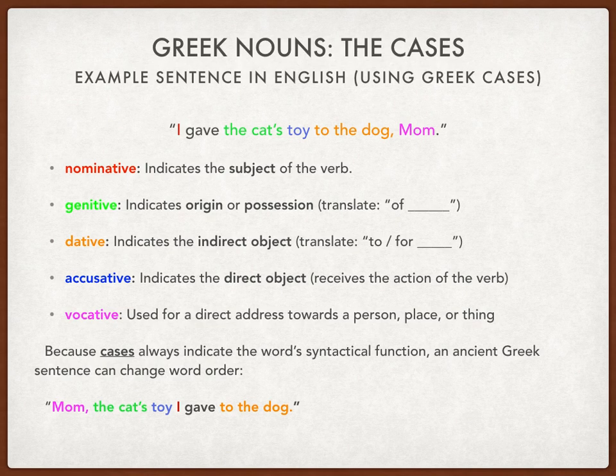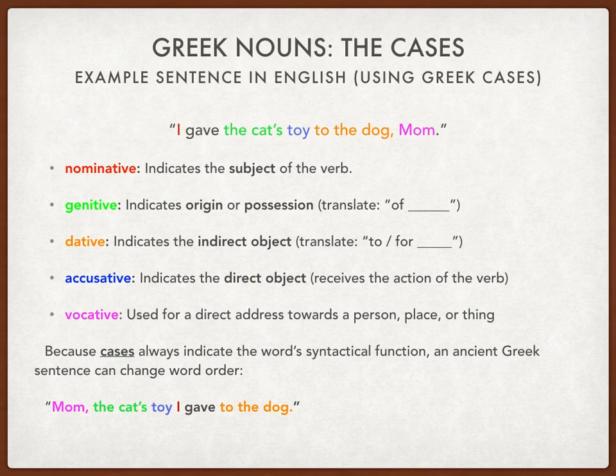So if in ancient Greek I reordered the words to say, Mom, the cat's toy I gave to the dog, I might sound like Yoda, but because I know what the cases are for each of those words, I know that I am the subject, which means I'm the one giving. I know the cat is genitive, so the cat's toy works that way. The toy is the direct object. It's being given because it's accusative.